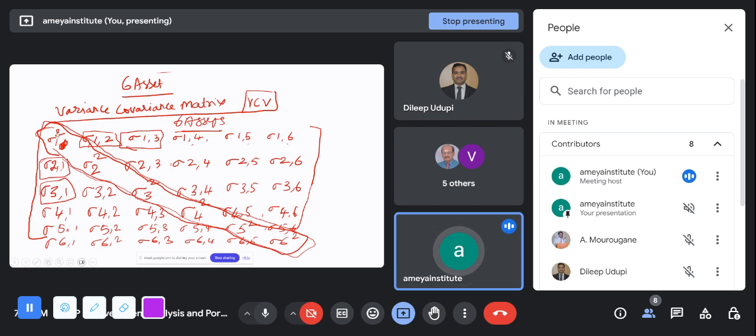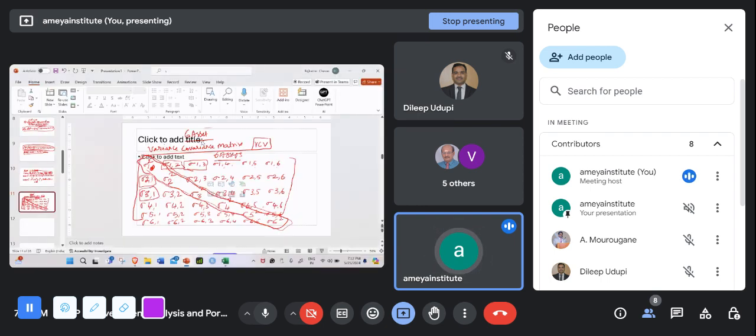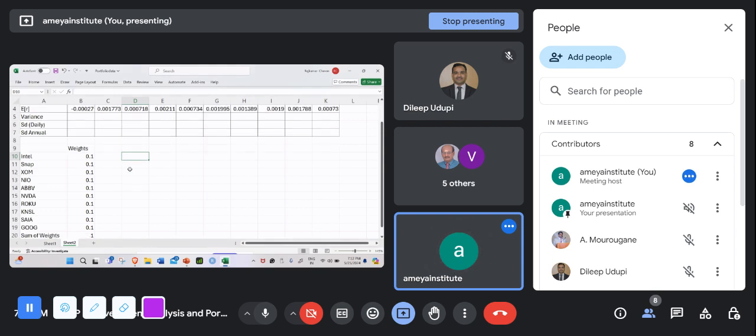So we require 10 rows and 10 columns, for 10 assets, right? We are going to make the combination between those assets. We'll write the names of the companies here. Copy the names of the companies from here and paste them opposite to this one.